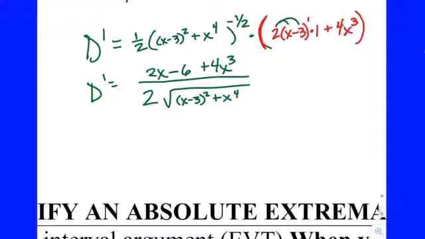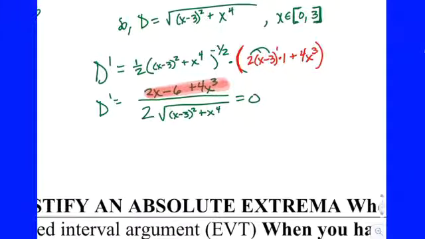Now remember what I said. We're only interested in the critical values that make the derivative what? Undefined or 0? 0. Where did the values that cause 0, which are in the numerator, come from? They came from the chain rule when I took the derivative of the radicand.